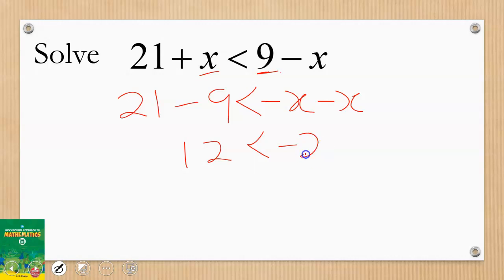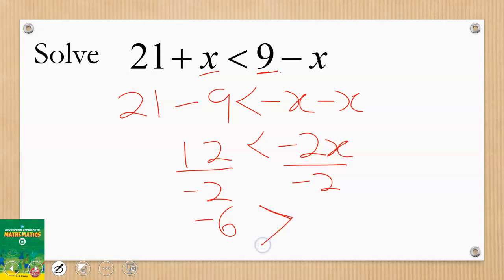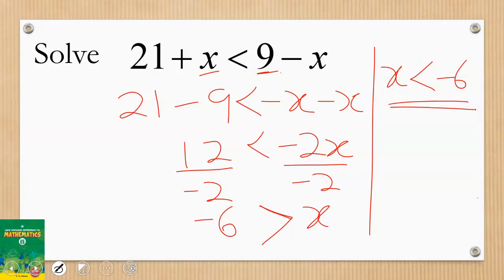We have here negative 2x. Now I'm going to divide here by negative 2, divide here by negative 2. So I'm going to have negative 6, and instead of less, it will be greater than x. So this is my answer. Negative 6 is greater than x, or I can say x is less than negative 6. And that answers the question.